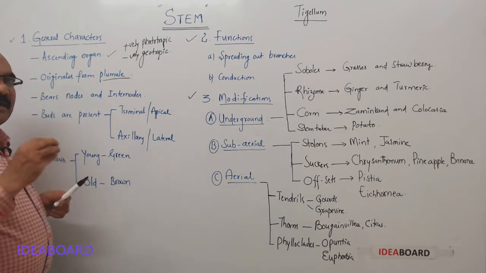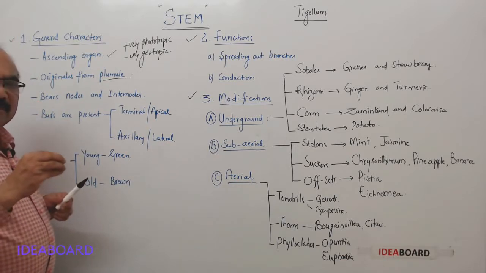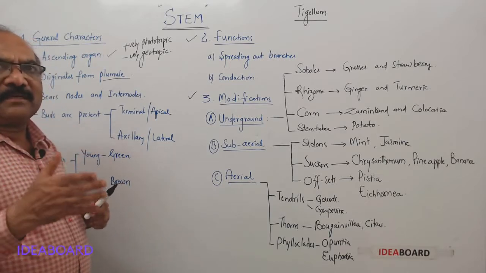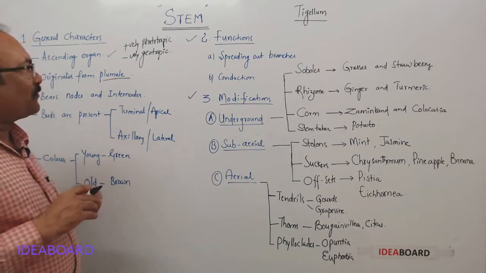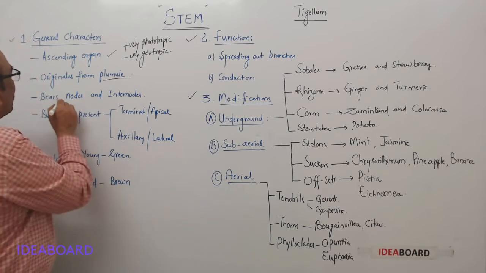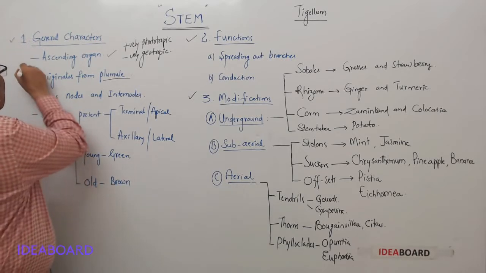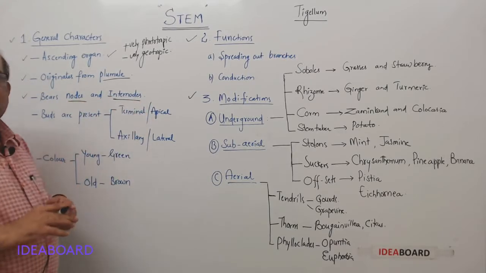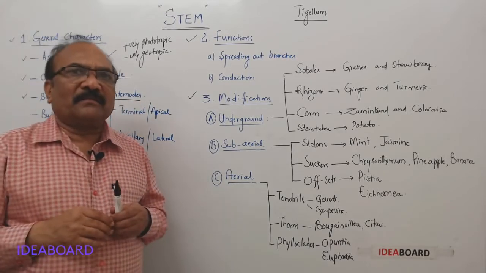In the general characters of the root, we discussed that you won't find any nodes and internodes in the roots, but the stem bears nodes and internodes.